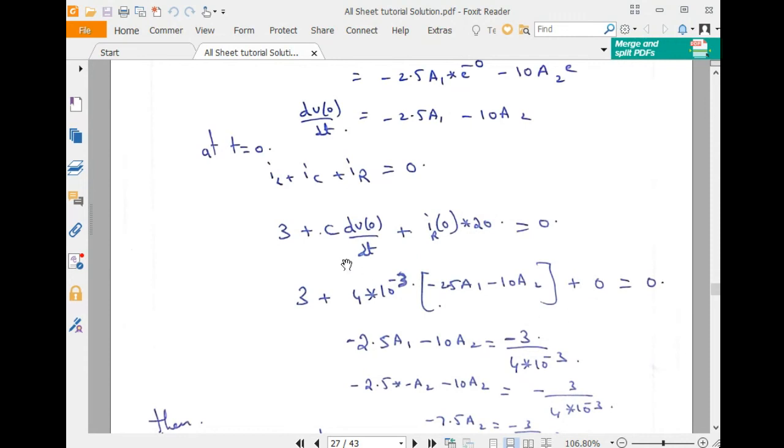Okay, and substitute the value of dV of 0 by dt here.